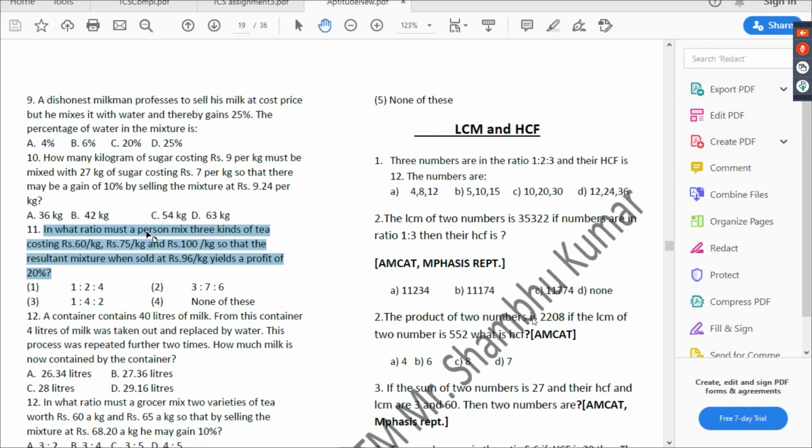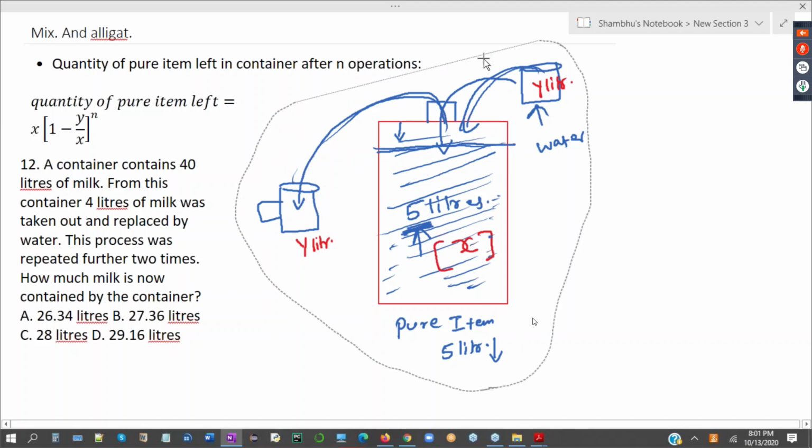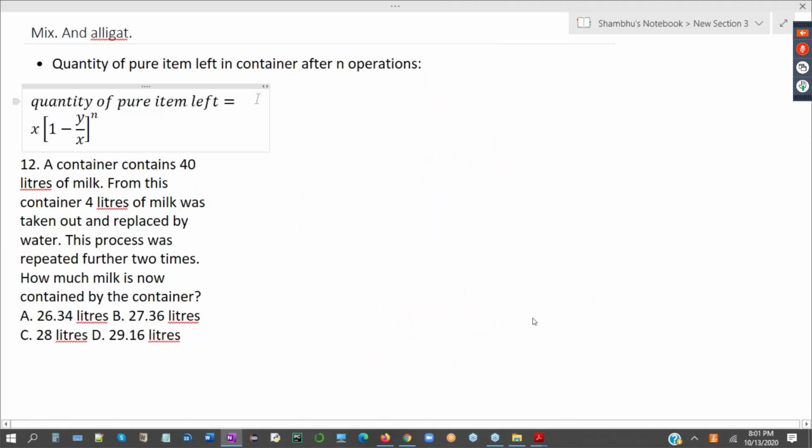Answer question number 12. A container contains 40 liters of milk, and 4 liters are replaced by water, repeated further 2 times. How much milk is now obtained in the container?